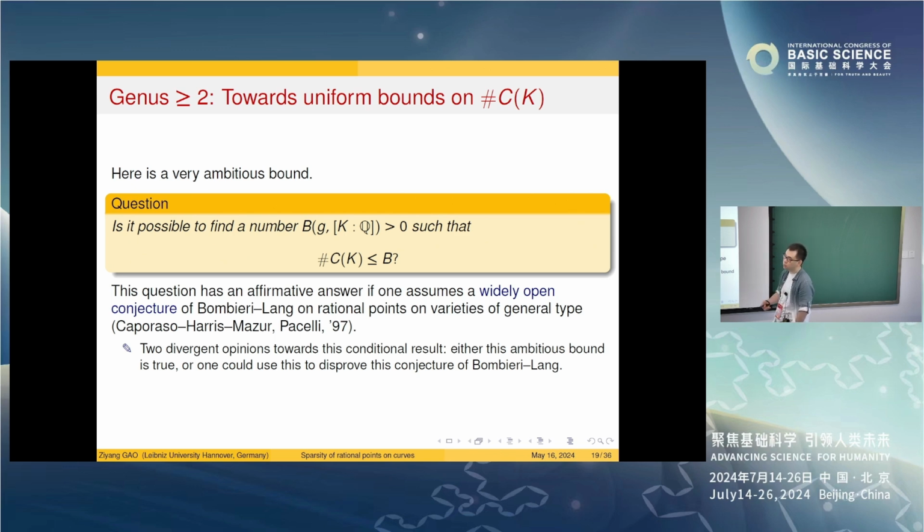This conjecture itself has divergent opinions on it. This was proved by Caporaso, Harris, Mazur with K over Q replaced by just a number field, and then improved by Abramovich and Voloch to this form. There are two divergent opinions on these conditional results. So this is a very ambitious bound.